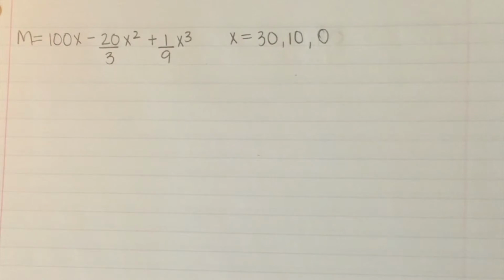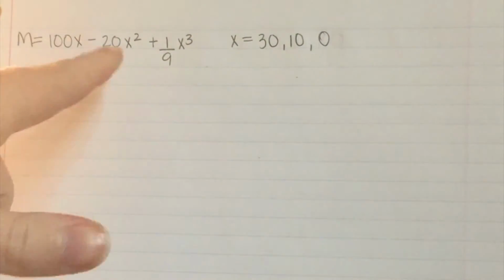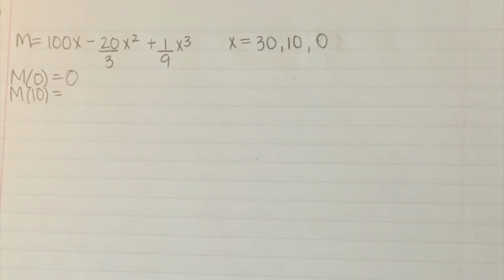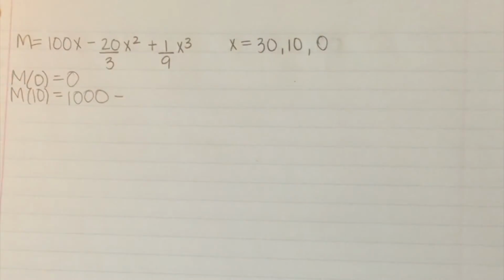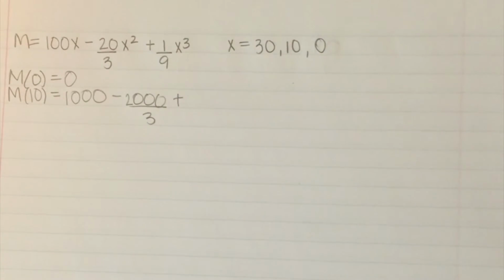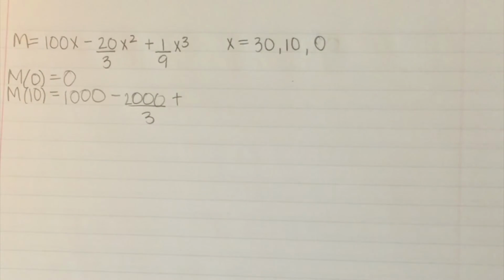So I went ahead and sped this portion up, but what we're doing here is plugging in our x values into this m function to find the value where m is the greatest. This is going to show us where the maximum value of our function is. I went ahead and just sped up all of the algebra.